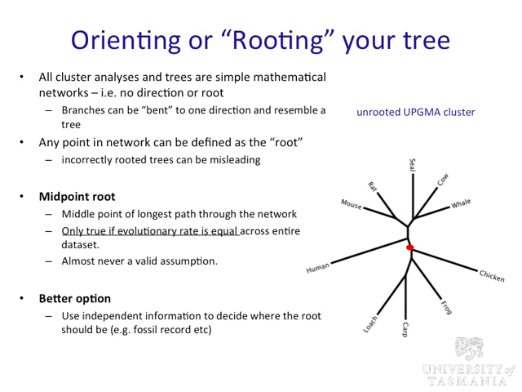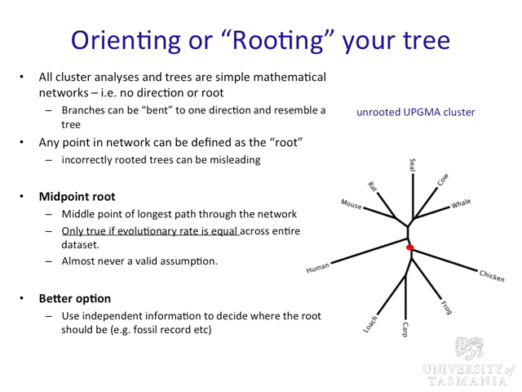There are a couple of ways we can do this. One of the simplest is what's called the midpoint root. The concept is that the middle of the longest path through the network must be somewhere near the bottom. If you think about the logic of that, you can kind of see why that might work.